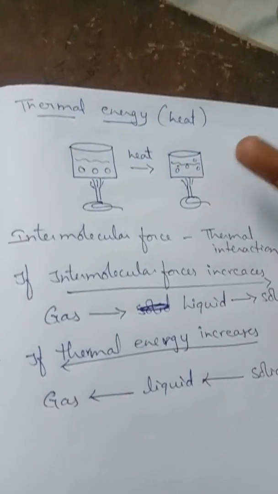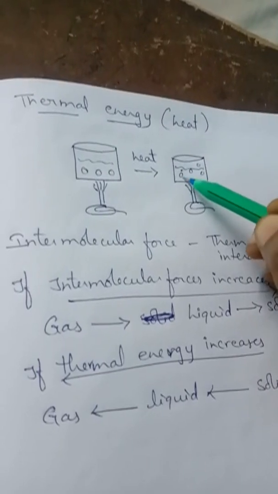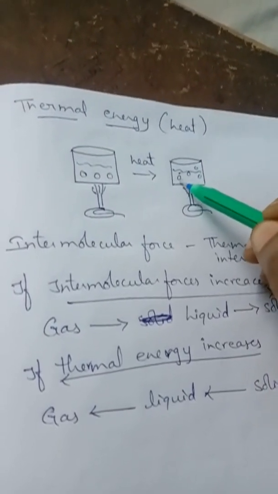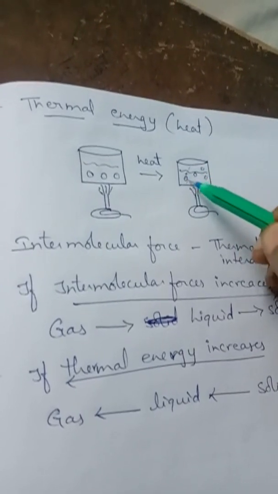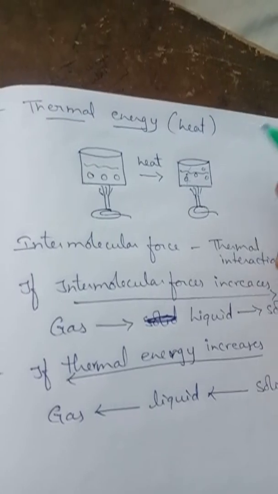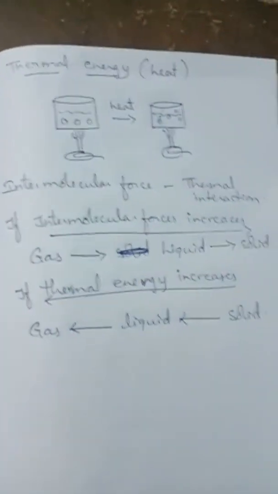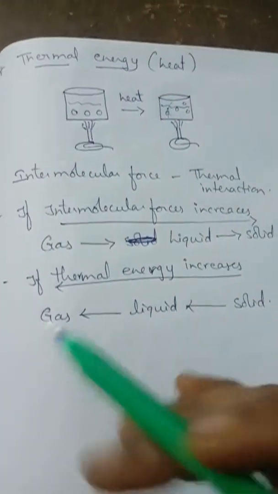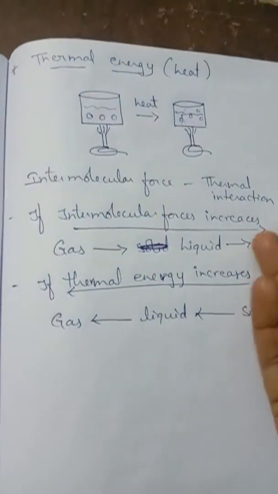That means the molecules which acquire heat energy move, or hit the container, so they move randomly. So when you apply some amount of heat energy, how does the intermolecular force compare with the thermal interaction?